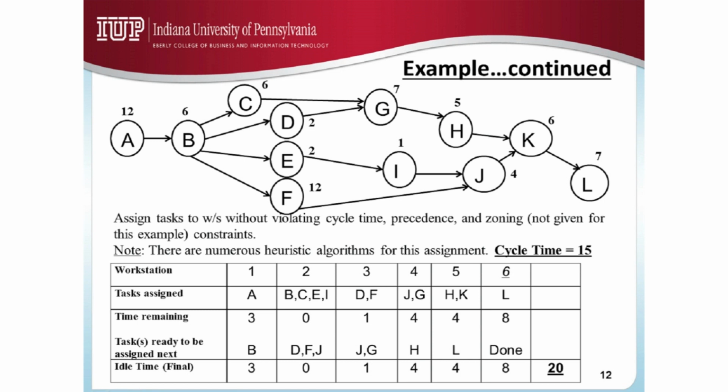So if you do the math, it will take 15 times 6, 90 minutes for one unit of the product to be completed. Whereas, what was the total task time? 70 minutes. So instead of taking the ideal 70 minutes, you are really taking 90 minutes.